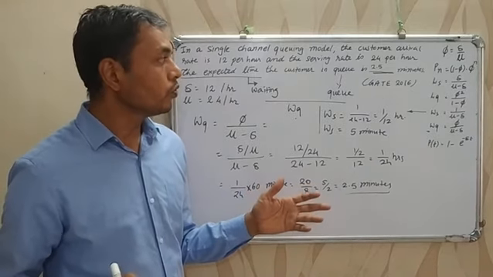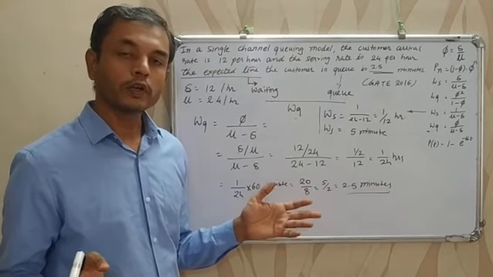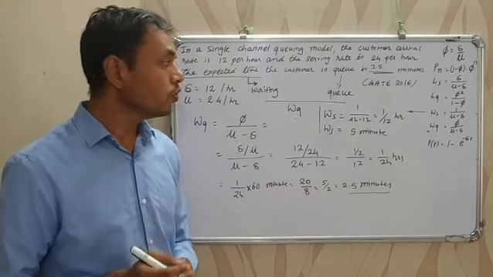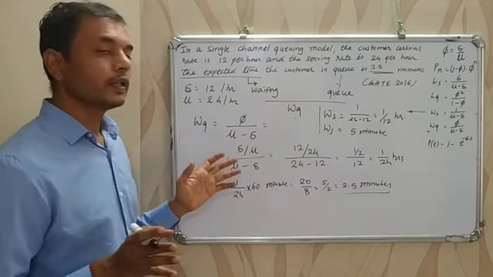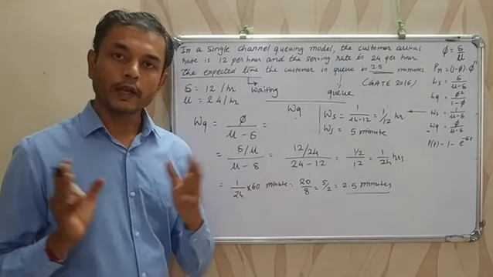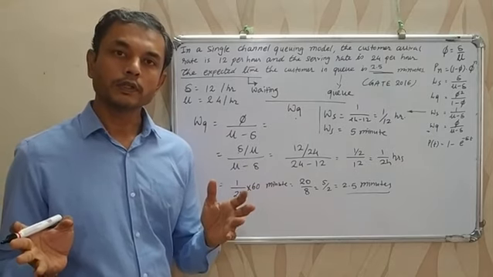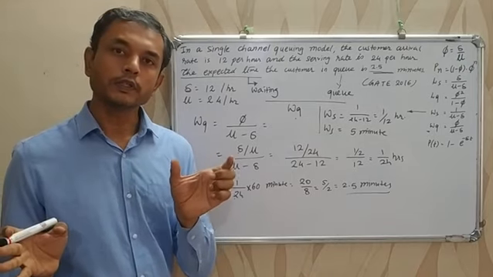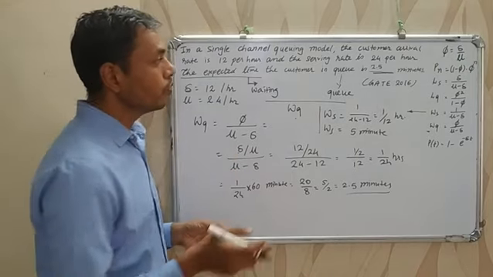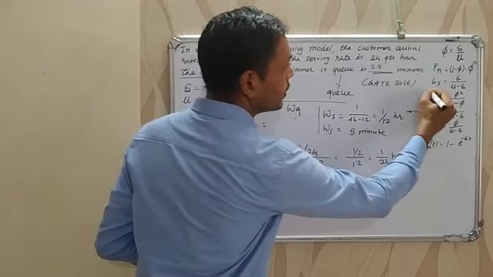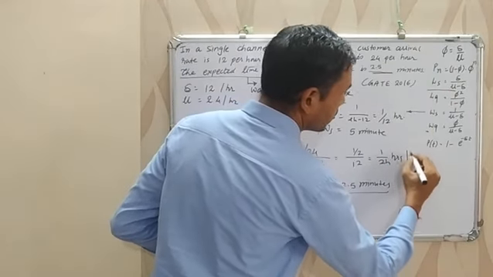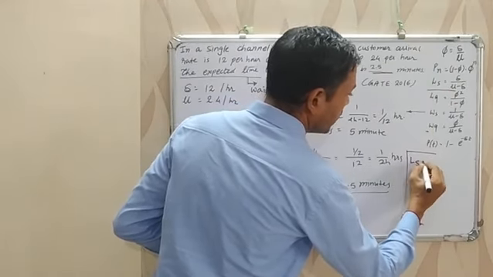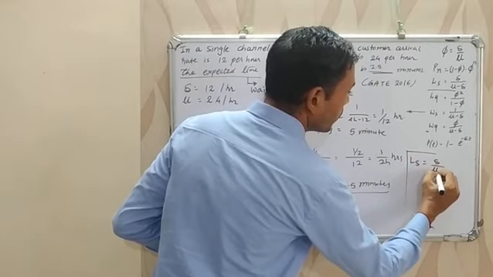It may also ask you to calculate the length of the queue in the system or in the queue. So if the question asks to calculate the number of customers in the system, the number of customers in the system means the length of the queue in the system. So that is LS. LS is equal to delta divided by mu minus delta.